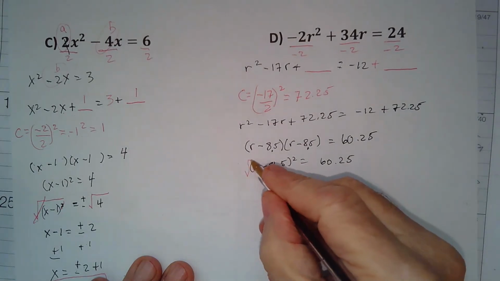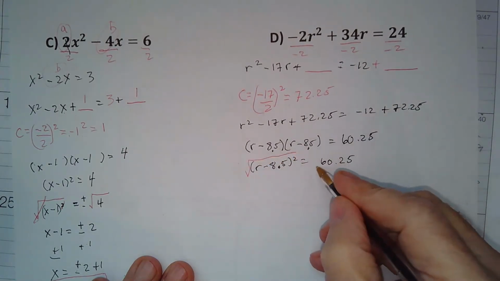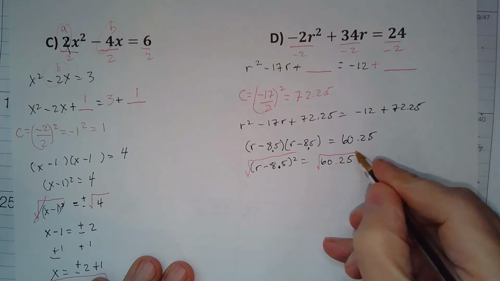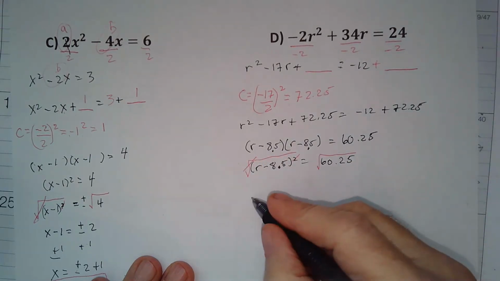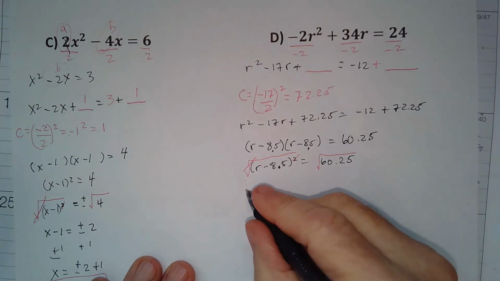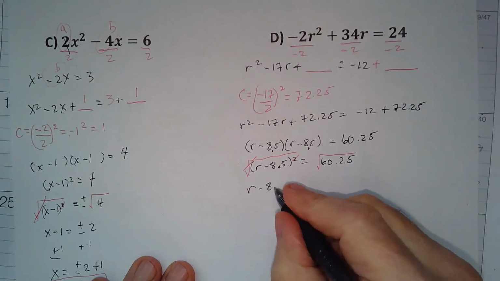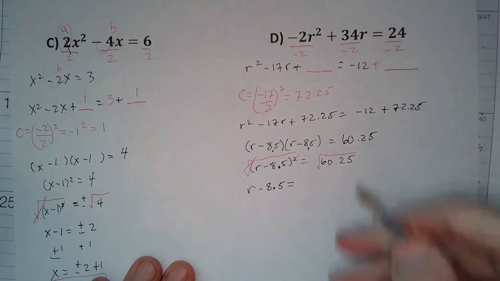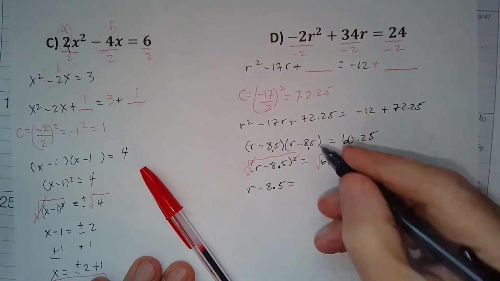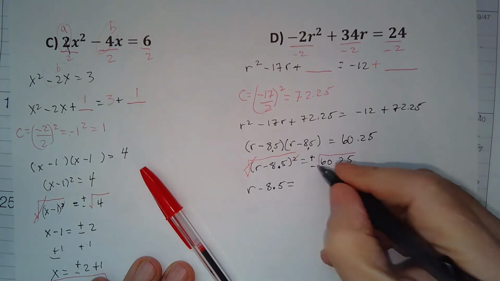The square and the radical are going to cancel, so I've got r minus 8.5 on the left. And that's going to equal, and remember this is plus or minus, the square root of 60.25.